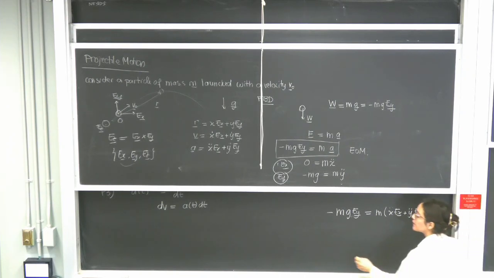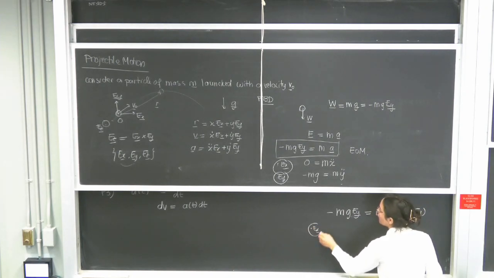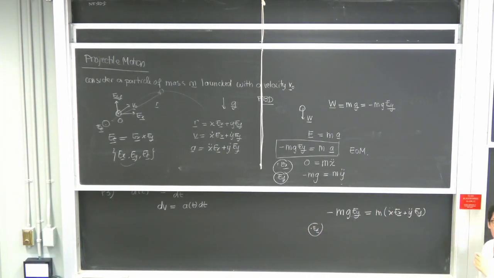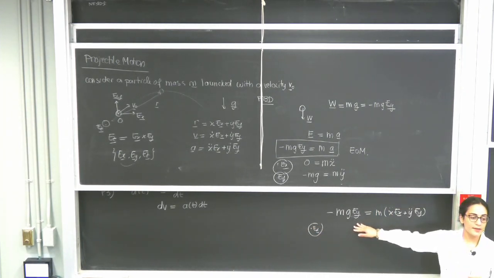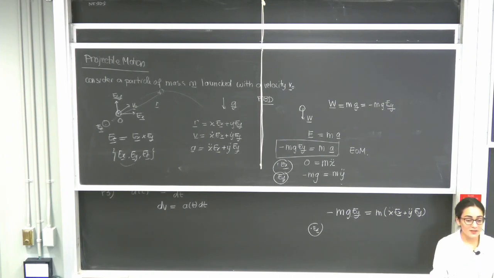So if I take the dot product of every term in this equation with Ex, what is this term dotted with Ex equal to? What is Ey dot Ex? 0. Why? They're perpendicular, right? We discussed that on Tuesday. That's why it's very important to study day by day, right, guys? Especially the people shaking their head like this.